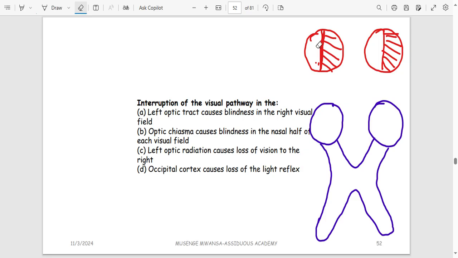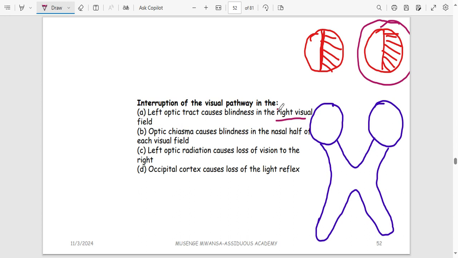Okay. So doc, we are still on this question. We've not yet concluded it. The argument is this: if we say the right visual field, this entire part is known as the right visual field, but the right visual field has got the left half and the right half, which is the temporal and the nasal.